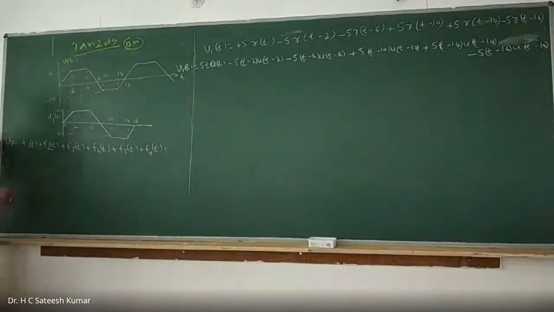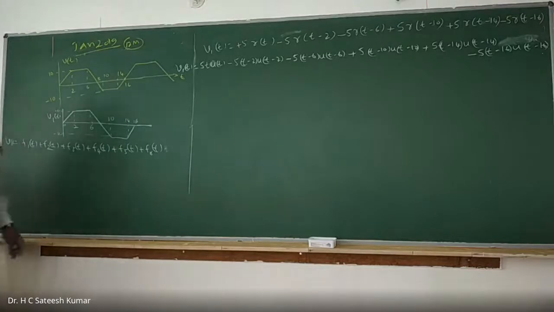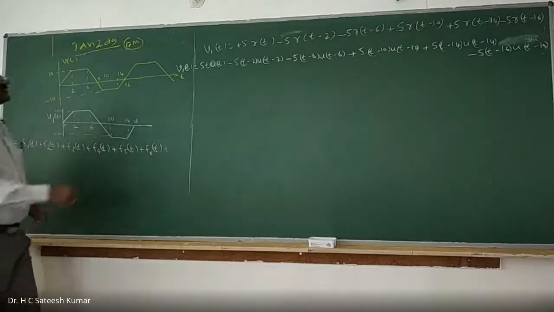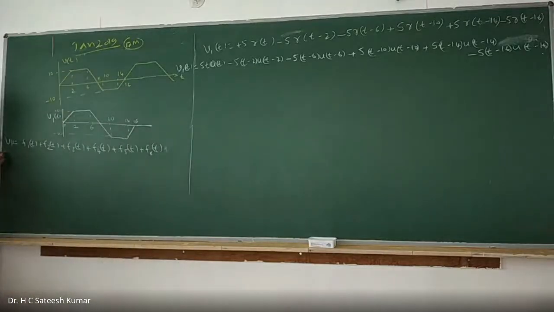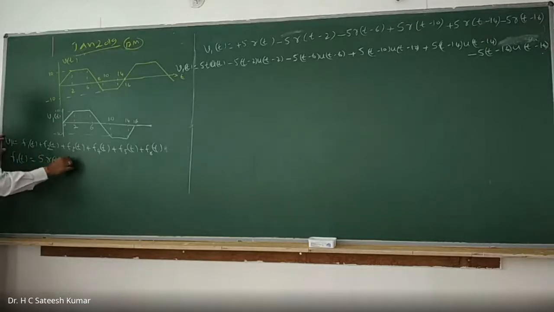Okay. Therefore, f1 of t is the first function, 5r of t, which is nothing but 5t into u of t.